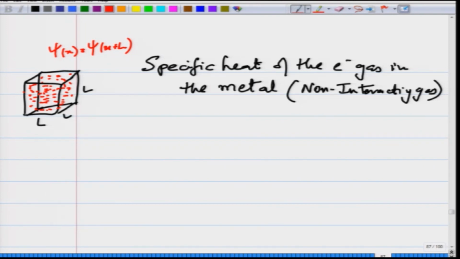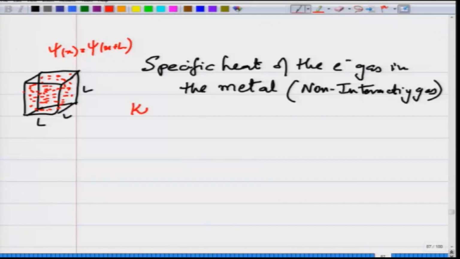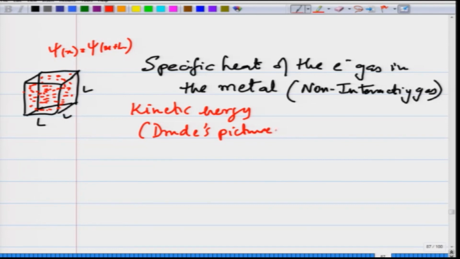Now, if you consider the electron gas as a classical gas, then they have only kinetic energy, and from Drude's model of these classical gases, which follow the Maxwell-Boltzmann distribution, their energy in a 3-dimensional solid is 3/2 kT times n, where n is the total number of electrons.